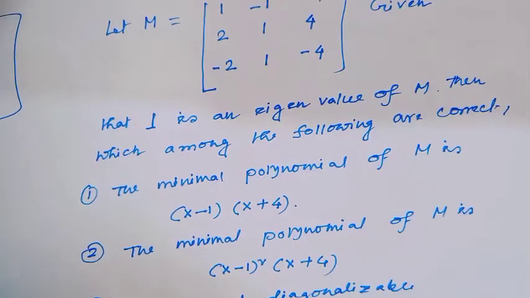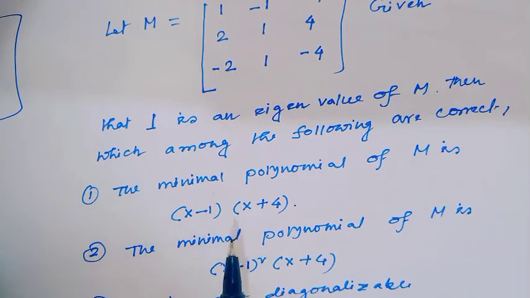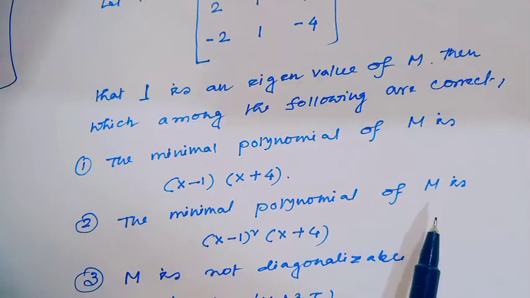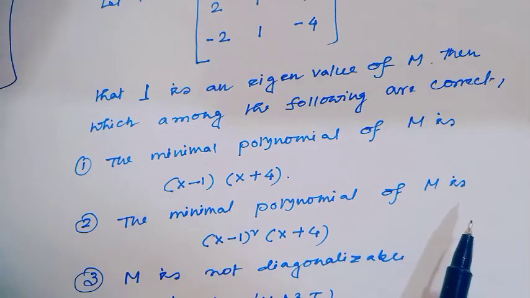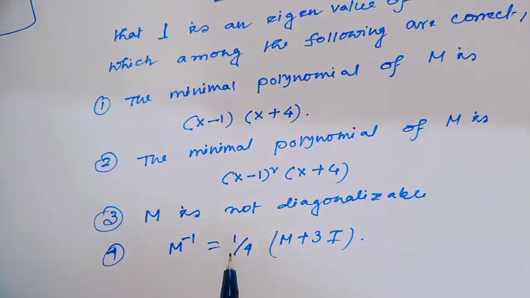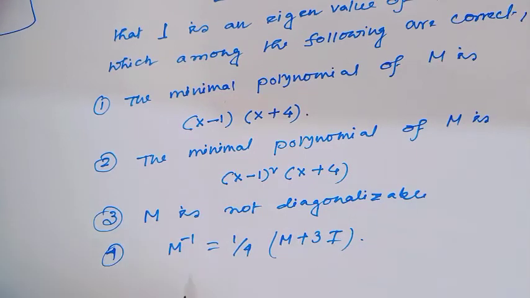Option 1, the minimal polynomial of M is x minus 1 times x plus 4. Option 2, the minimal polynomial of M is x minus 1 whole square times x plus 4. Option 3, M is not diagonalizable. Option 4, M inverse equals 1 over 4 times M plus 3I.